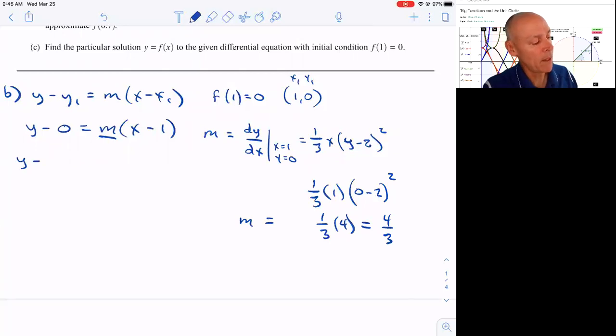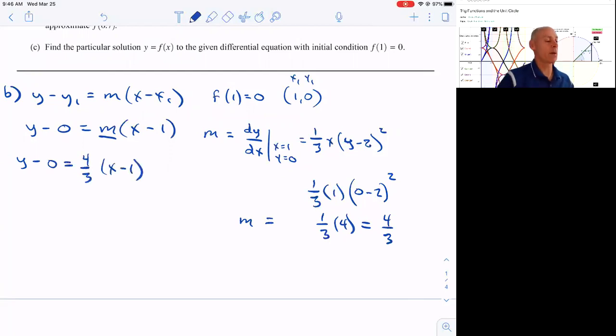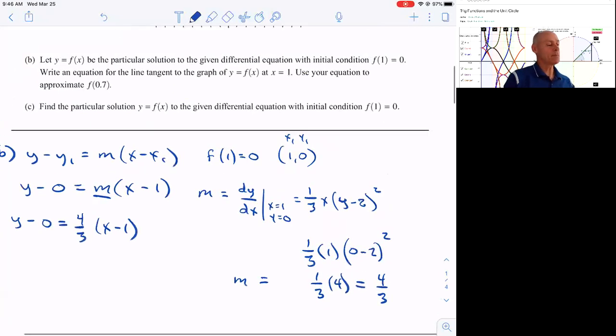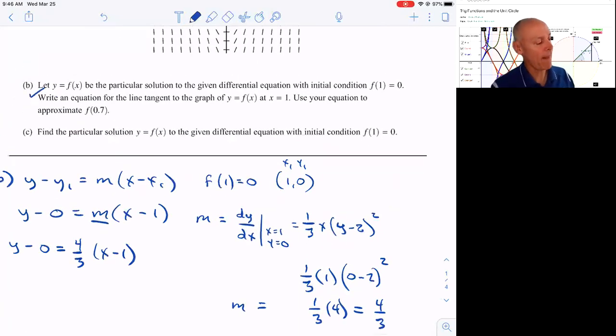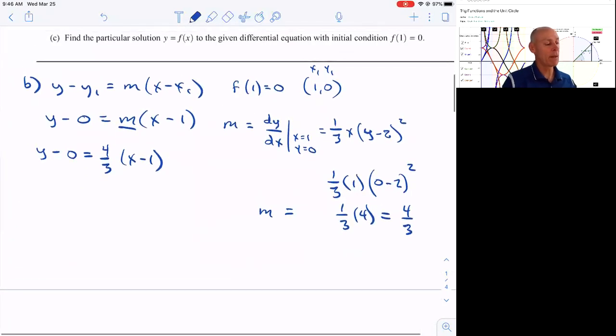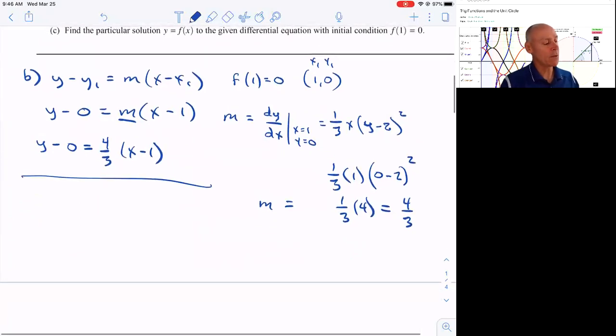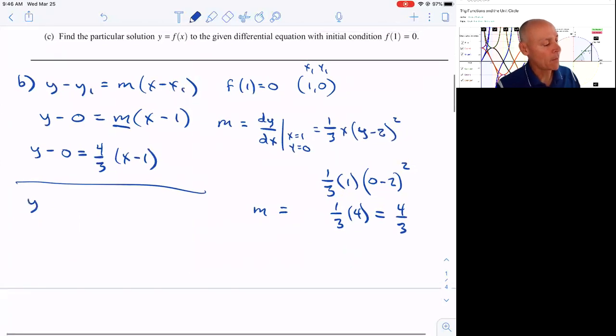So here's my equation: y minus 0 is equal to 4/3 times the quantity (x minus 1). That is my equation of the line tangent to the graph at x equals 1. Now, the second thing, I need to use that equation to approximate f(0.7). So I'm going to rewrite this: y minus 0 equals 4/3.